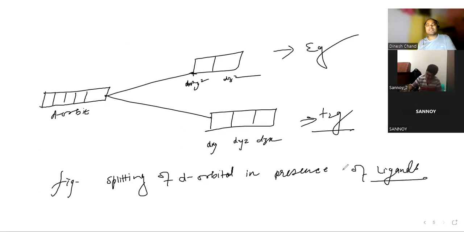Ligands means lone pair electron containing species. When the lone pair electron containing species approaches the d orbital, what will happen? Repulsion occurs, and this d orbital is split into two ways. First one is dx square minus y square and dz square, and here are dxy, dyz, dzx. So these are the two sets.